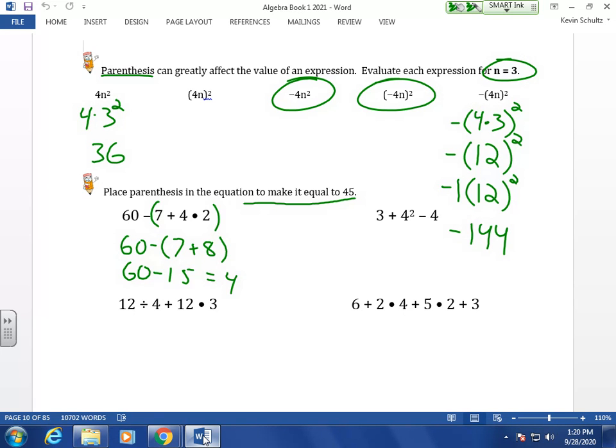So all of these do require parentheses. Some of them, you might use more than one set, and all of them are possible. It would be very, very cruel of me to put one on here that was not possible and make you think about it forever. They are all possible. I guarantee it.